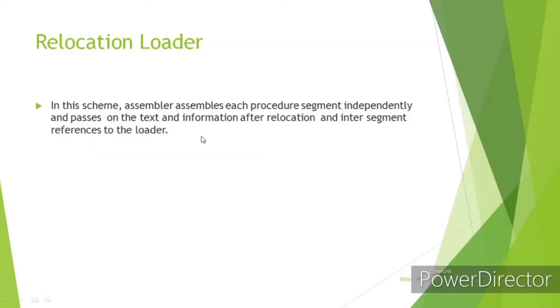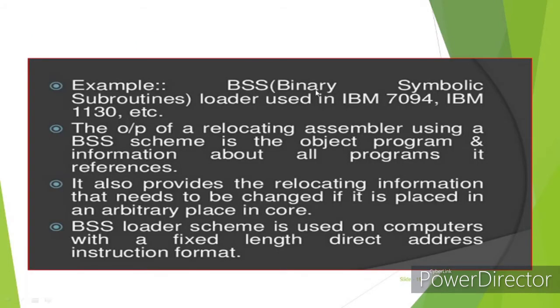The relocating loader scheme assembles each procedure segment independently and passes the text and information about relocation and inter-segment references to the loader. For example, the binary symbolic subroutine (BSS) loader is used in the IBM 7094 and IBM 1130.